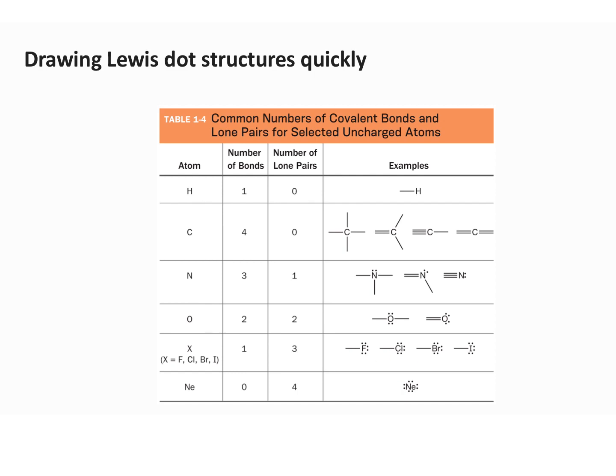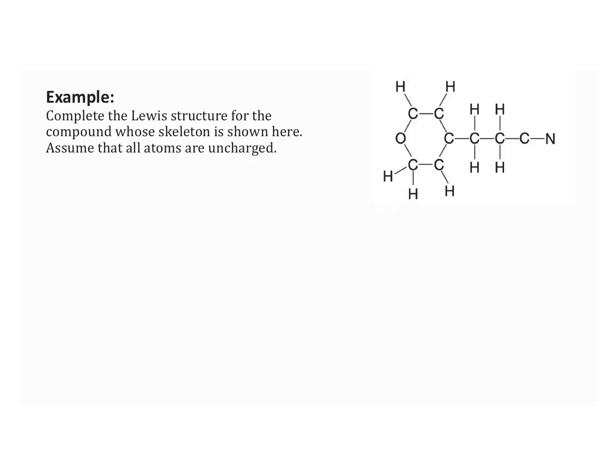And of course, then we've got your noble gases, which we're not really going to worry about. Later, you're going to learn that these are the number of bonds and lone pairs for atoms that bear no formal charge. And so if we're uncharged, this just makes completing Lewis structures fairly quick.